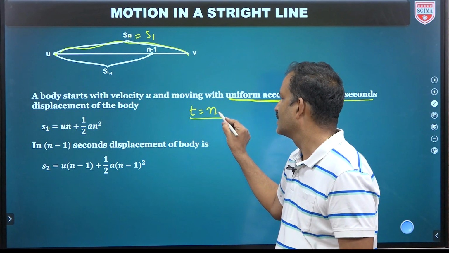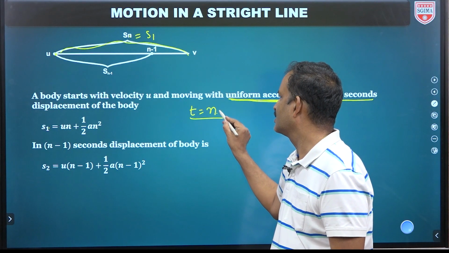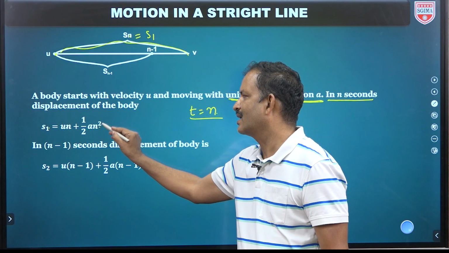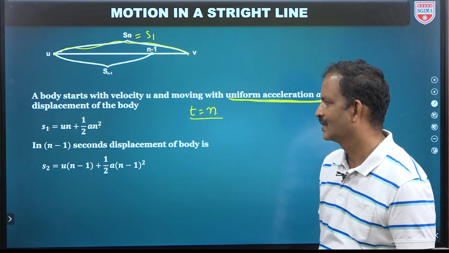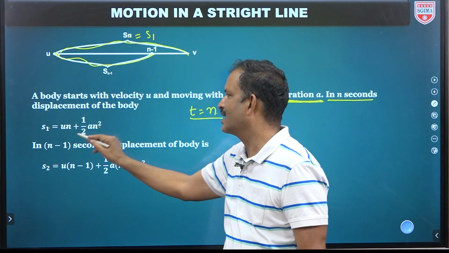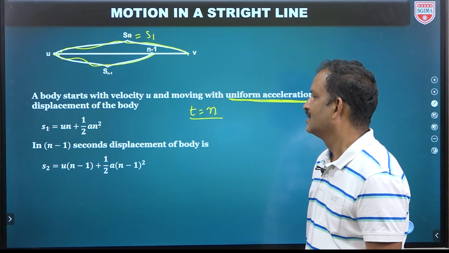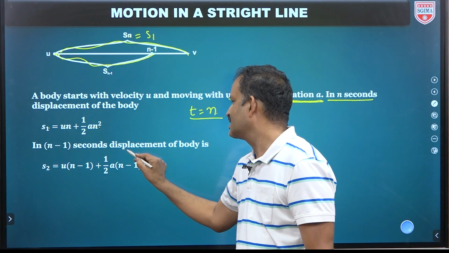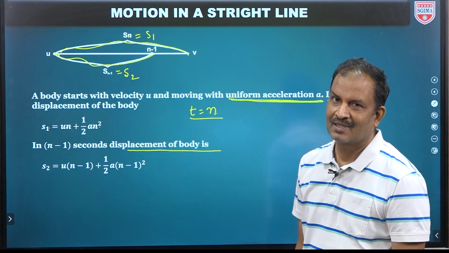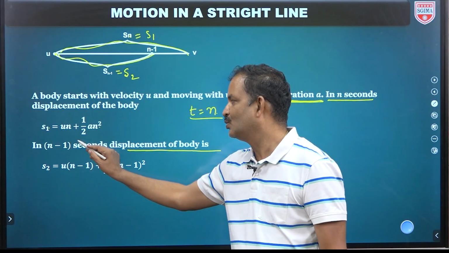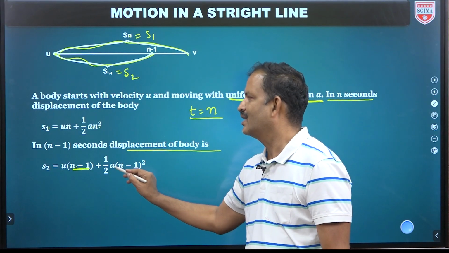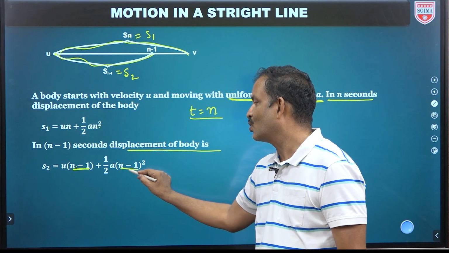Substituting n in place of t, S1 is equal to un plus half a n square. In n minus 1 seconds, suppose the body comes here. In n minus 1 seconds, the displacement of the body, I am taking as S2. Then S2 is equal to u into (n minus 1) plus half a (n minus 1) whole square.